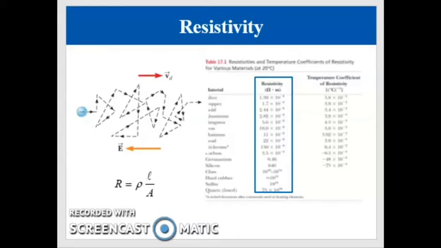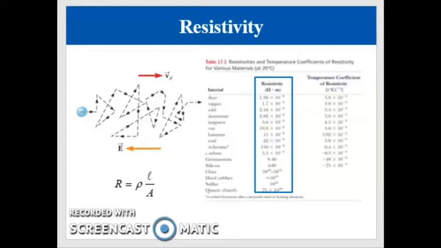You can think of this as analogous to an internal friction force. This is the force of the material's resistance. The resistance of an ohmic conductor increases with length, which makes sense because the electrons going through it must undergo more collisions in a longer conductor.